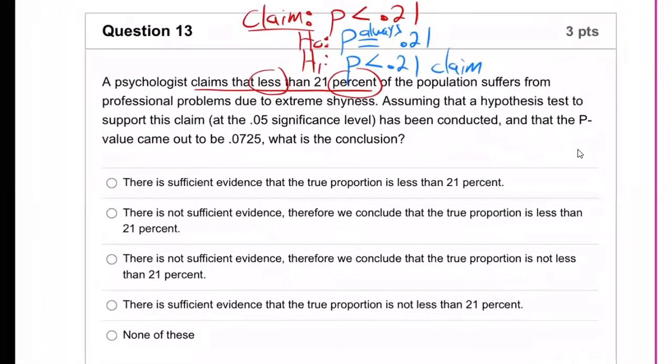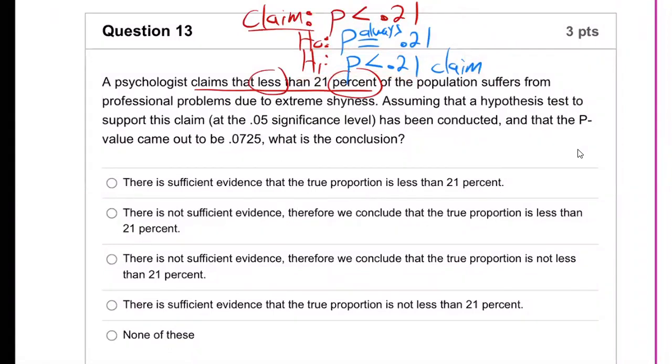All right, so again, back to it. The claim was less than, and H0 is always equals, and one of these two has to be the same as the claim. Therefore, it had to be H1, didn't it? Because H0 was equals and the claim was less than. Okay, great. So what now?